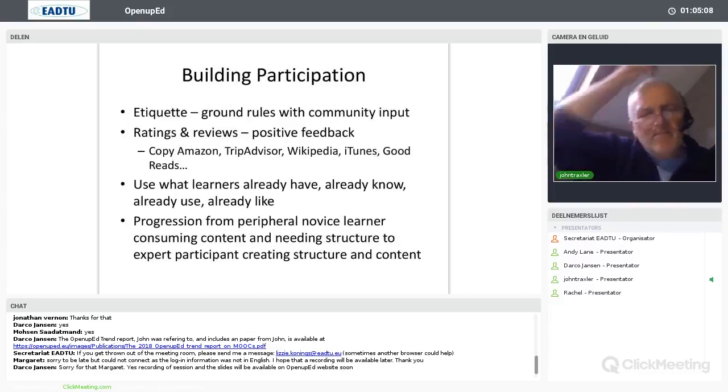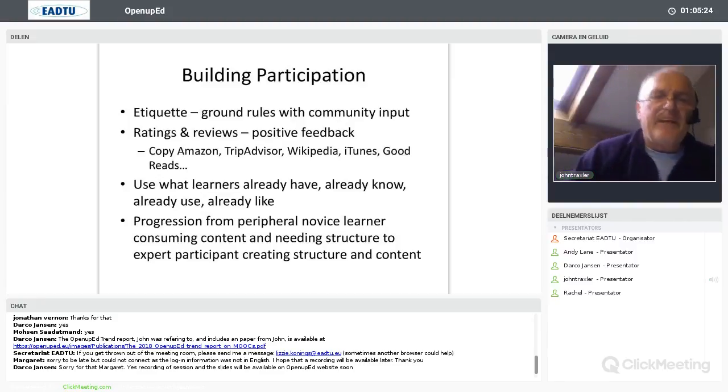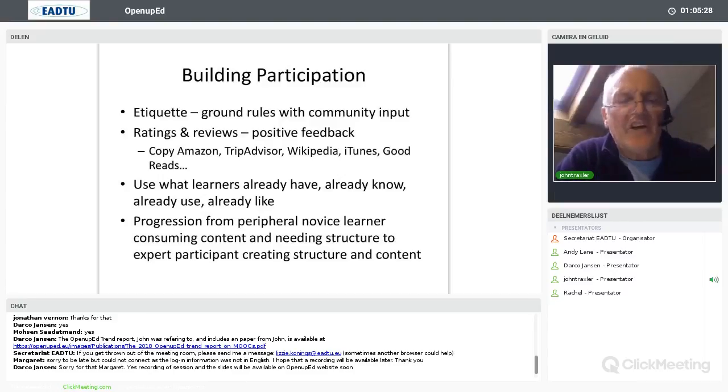And recognize what, as educationalists, we'd see as the attractive, desirable progression from being someone peripherally involved and consuming our content and maybe needing structure, to becoming a more expert participant, creating content and structure.